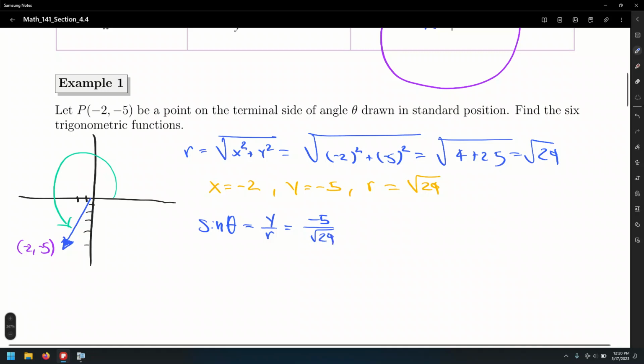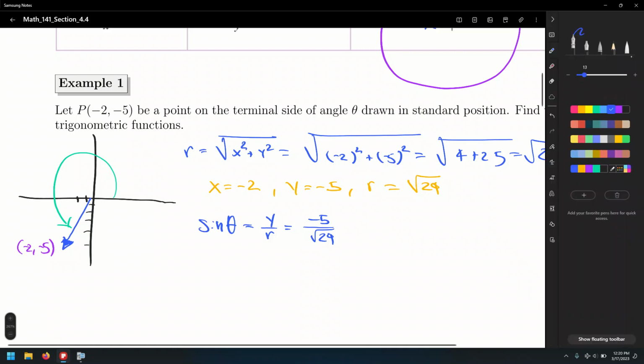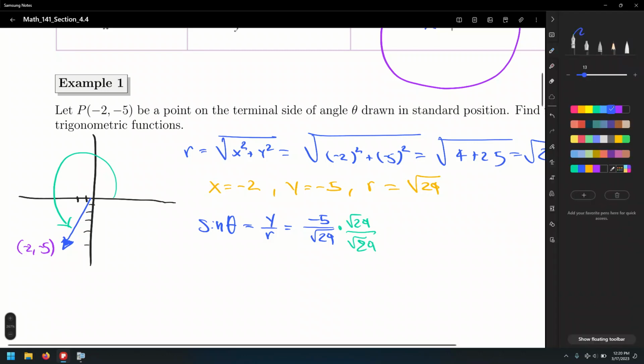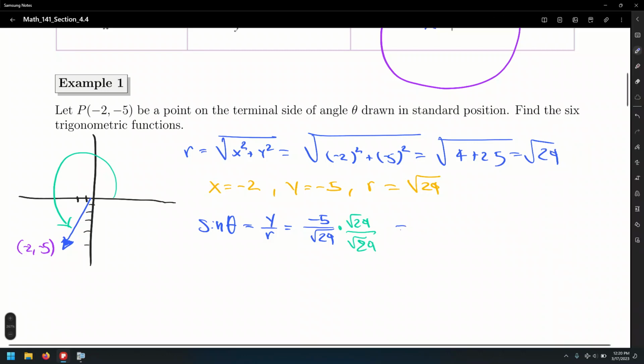But again, as we discussed many times already, you may not like radicals in the denominator, so you might want to rationalize the denominator, and that's -5 root 29 over 29, root of 29 times itself, just bring down the 29.